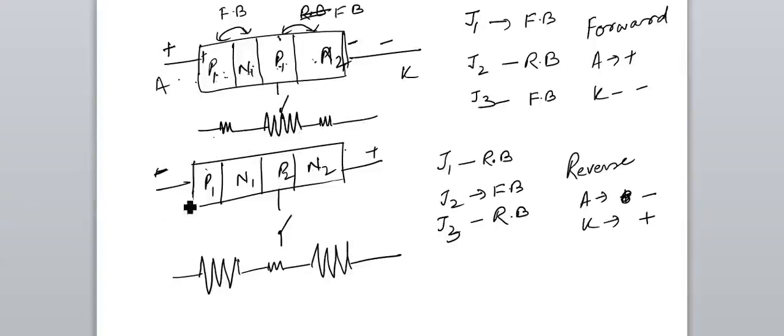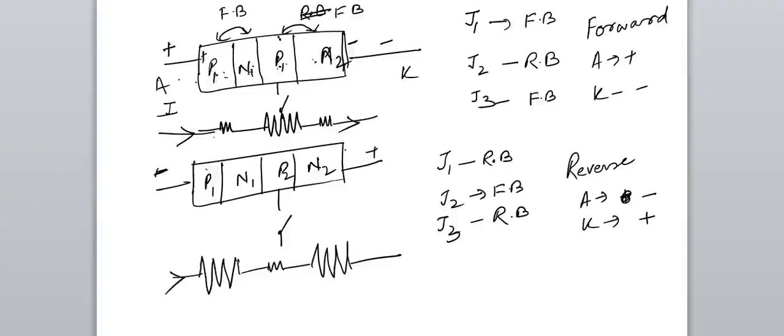So what happens to the current flow? Whenever you flow a current from anode to cathode, obviously you can expect the least amount of resistance in the forward zone and a high amount of resistance in the reverse bias zone.